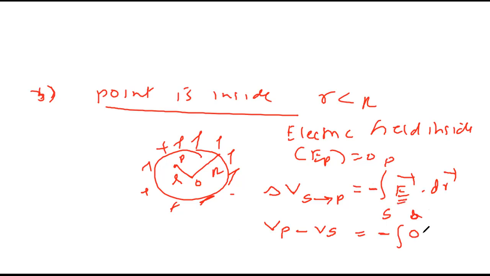Inside, yes. So 0 into dr. Therefore Vp minus Vs will become 0. That will give you Vp equal to Vs.